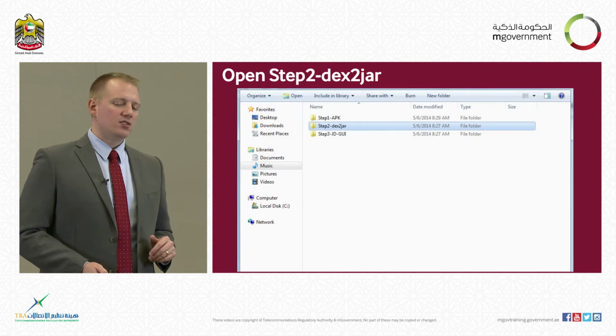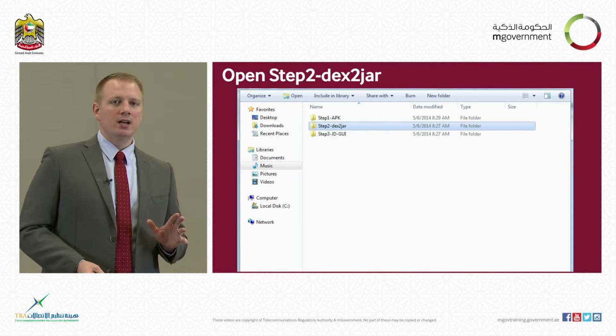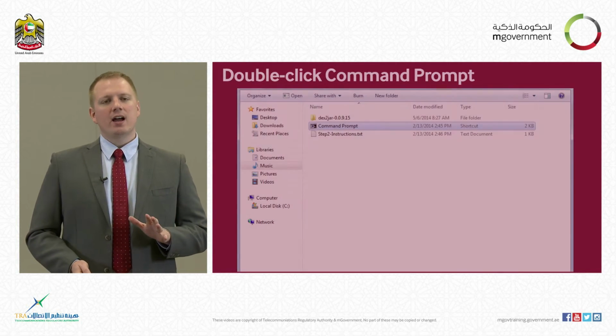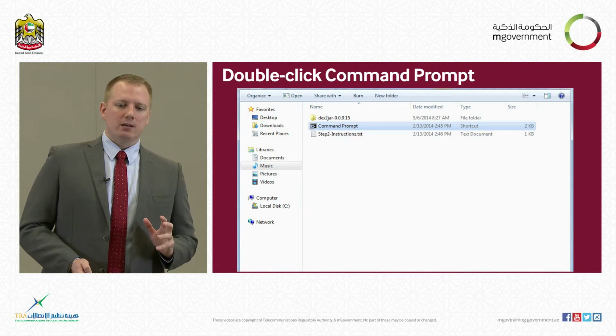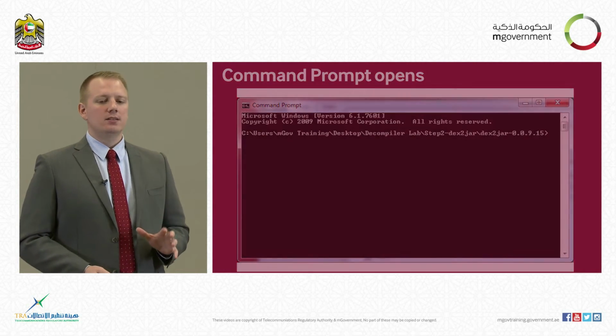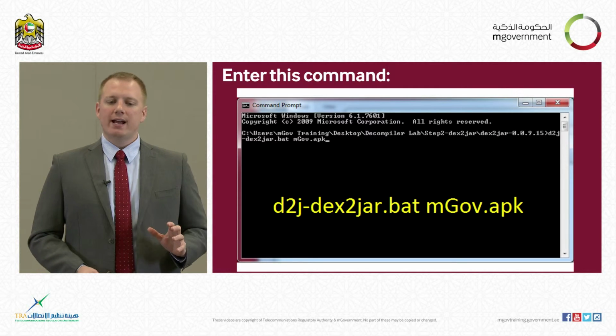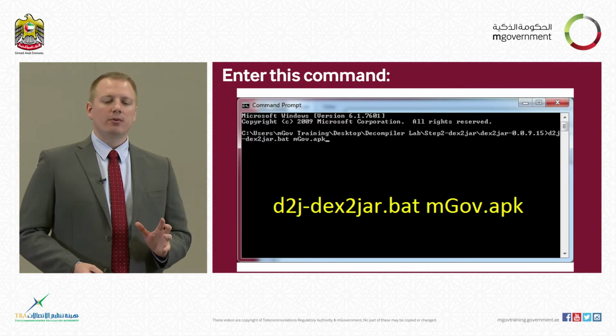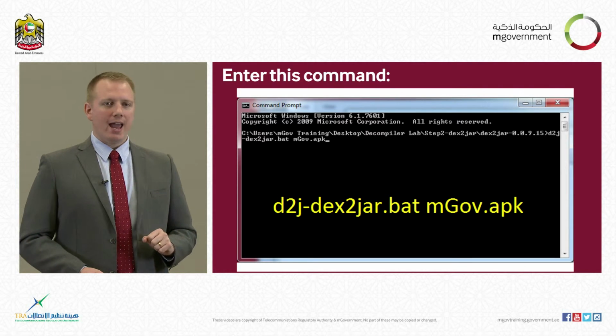So let's back out of this and let's go to the Step 2 dex2jar folder. Let's open that. And inside here, we're going to open the command prompt, and then we're going to type in a command, d2j-dex2jar.bat, a batch file, and we're going to give it the parameter mgov.apk.